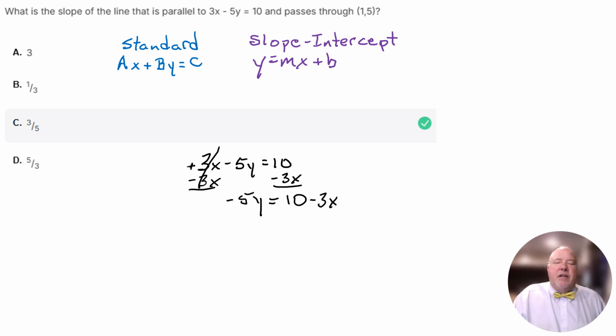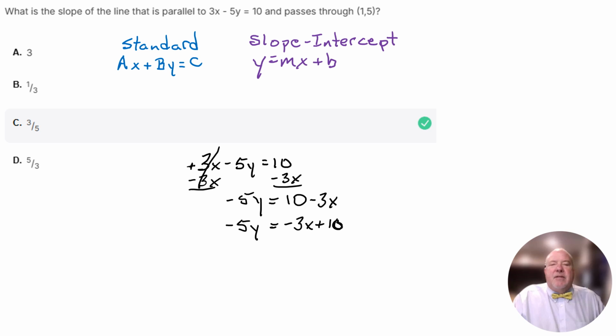Now, if I look at slope-intercept form, mx plus b, the x comes first. So let me swap this around real quick, and I'm going to rewrite this as negative 5y equals, and then instead of 10 minus 3x, I'm going to write negative 3x plus 10. Those are equivalent, but this more closely follows the slope-intercept form.